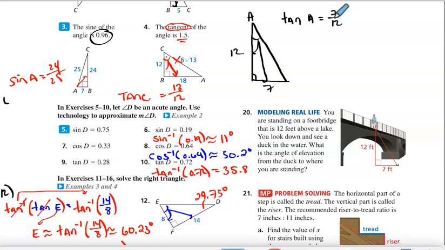The math behind this is I'm going to take the inverse tangent of the left side, and I'm going to take the inverse tangent of the right side. The inverse tan and tan will cancel, and you're left with A, which is exactly what you want. It's going to be an approximation, and this is what you plug into your calculator.